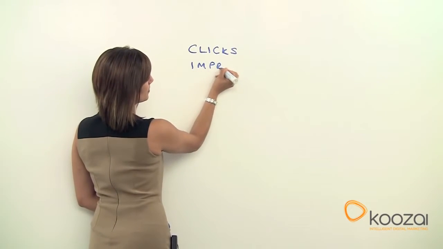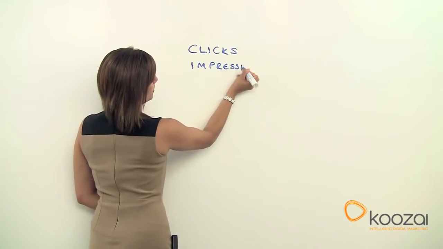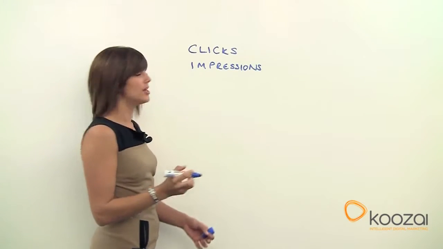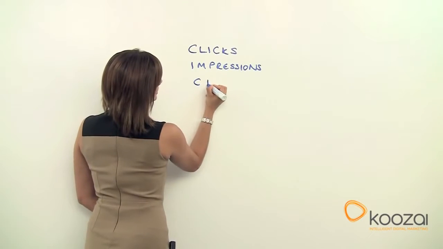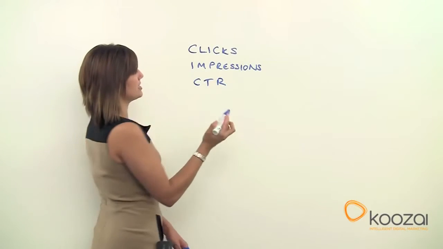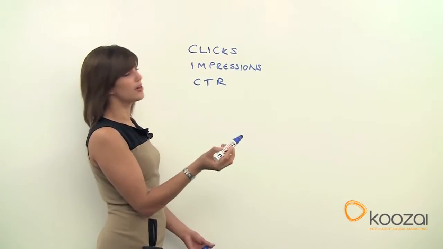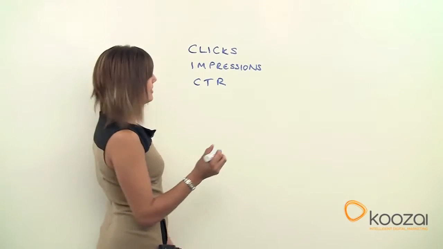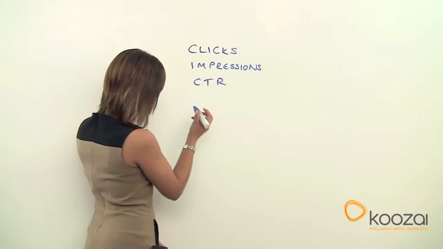Impressions, which is how many times your ad is displayed within the search results. You've got your click-through rate, your CTR, which is essentially your clicks divided by your impressions. Anything above 5% is deemed a good click-through rate, so that's something to aim for.